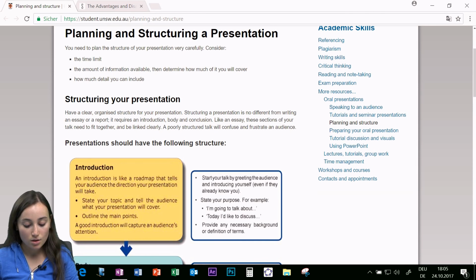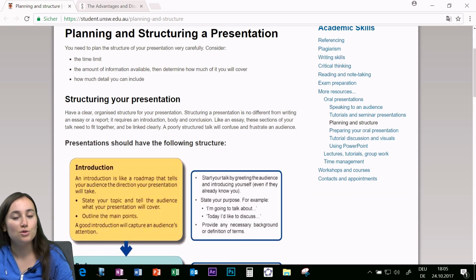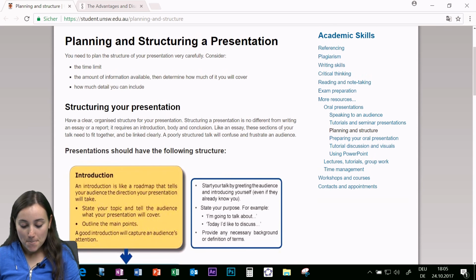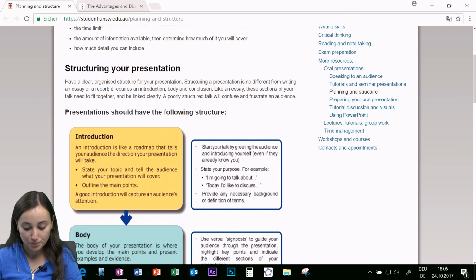And as I already mentioned before, you need to know how much detail you are going to put into your presentation or into your exam. And I think examples are very important, but don't put in too much or don't get hung up on the examples. So you need to watch out for what you really want to say.